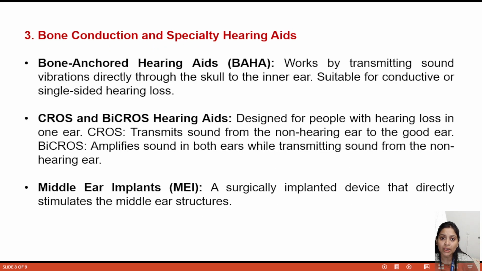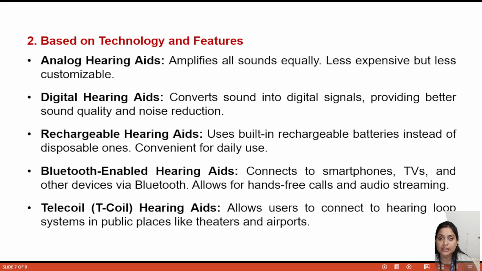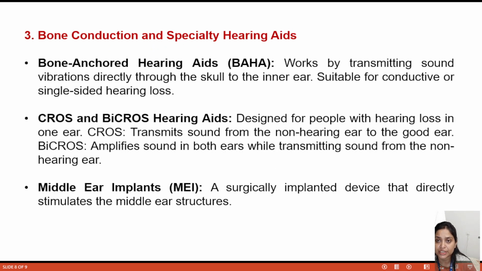Then the last one is bone connection and specialty hearing aids. One was the placement type, another is based on technology, and the last is bone connection and specialty hearing aids. Bone anchored hearing aids, BAHA, work by transmitting sound vibrations directly through the skull to the inner ear.